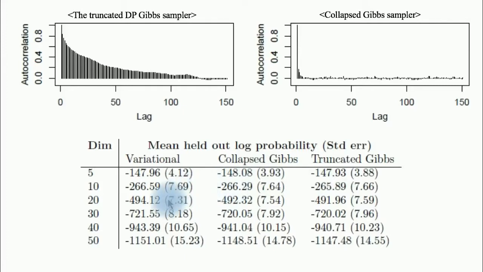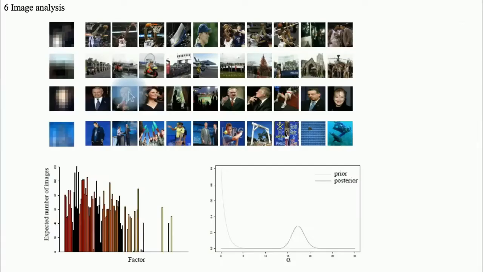Though it is based on an approximation to the posterior, the resulting predictive distributions are very accurate for this class of DP mixtures.